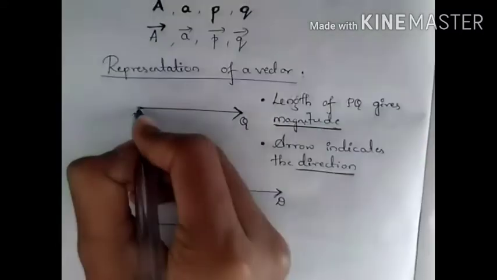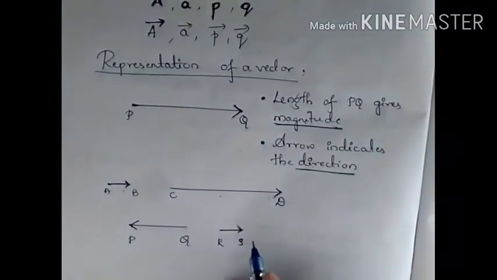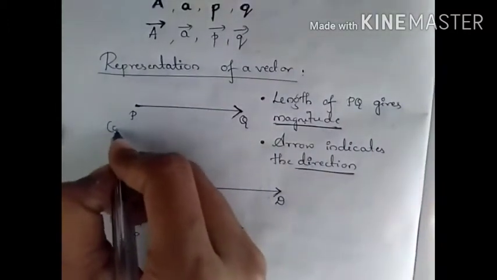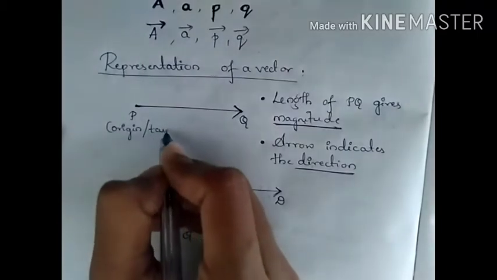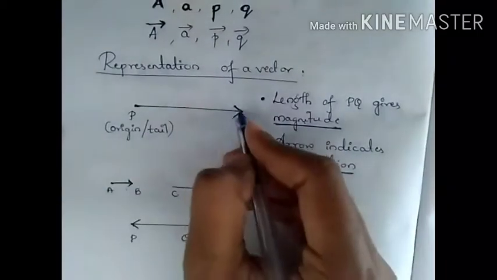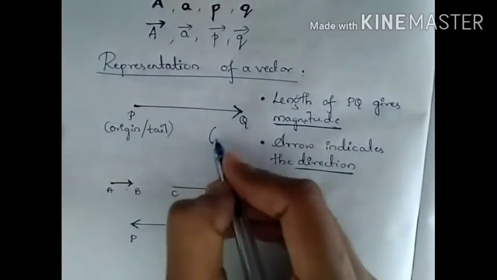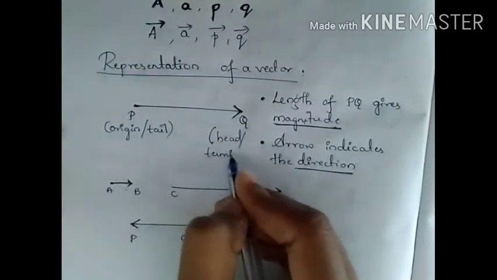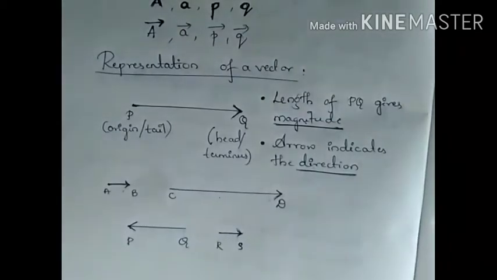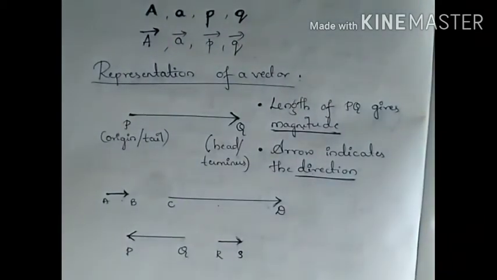Here the point P is called the origin or tail, and point Q is called the head or terminus. I'll rewrite this sentence.